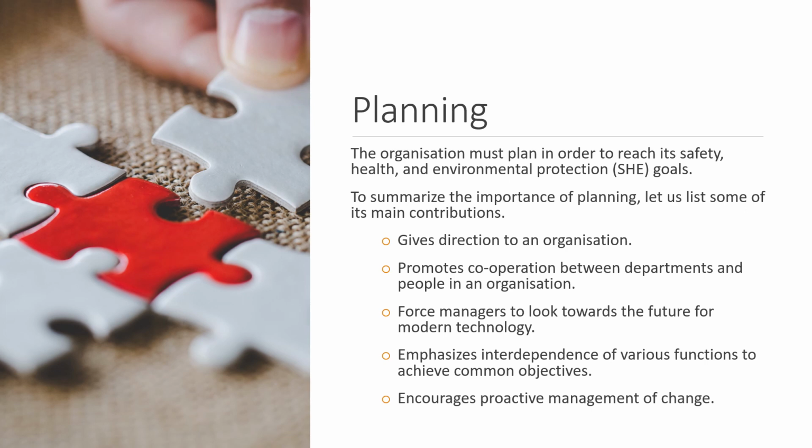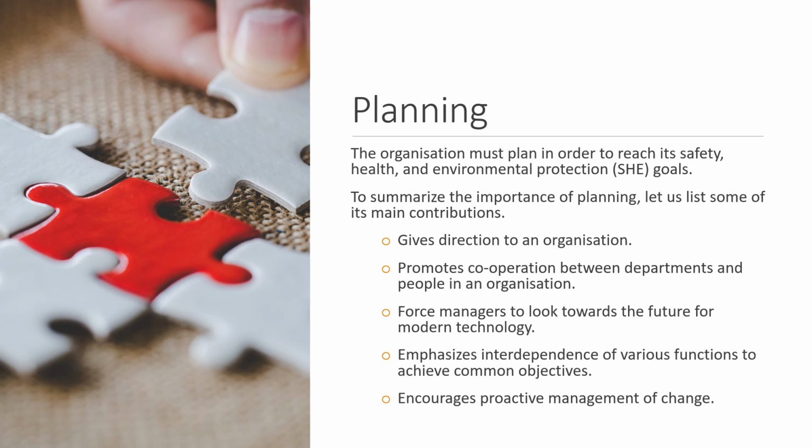So management, the first thing you want to do to effectively control risk is to plan. The organization must plan in order to reach its safety, health, and environmental protection goals. To summarize the importance of planning, let us list some of the main contributions.